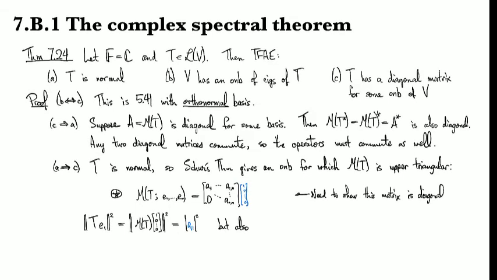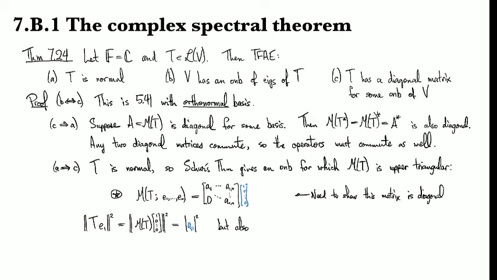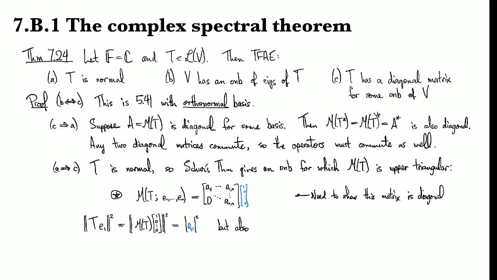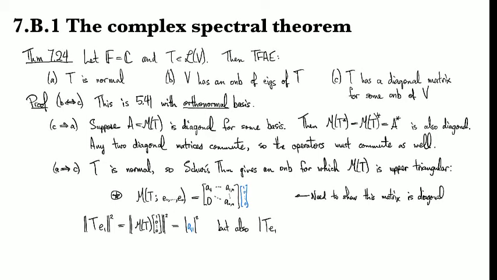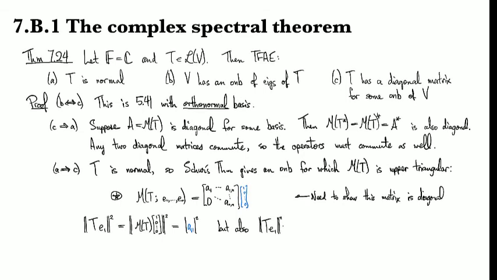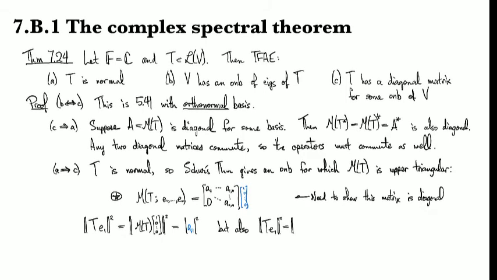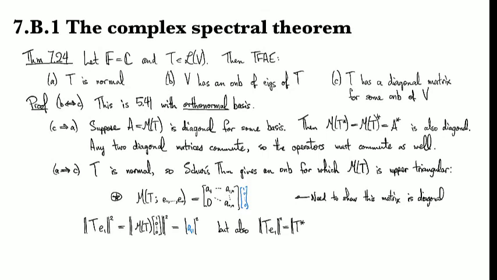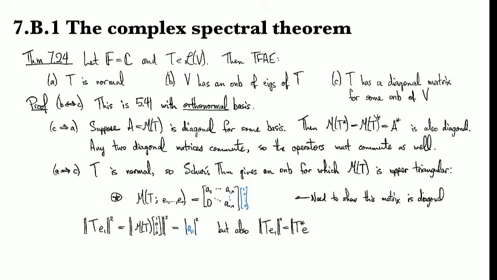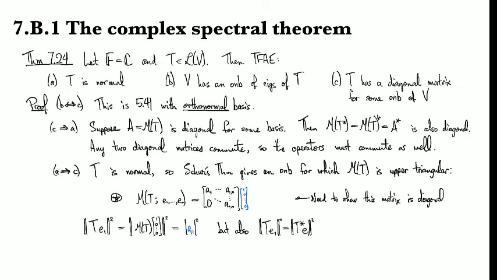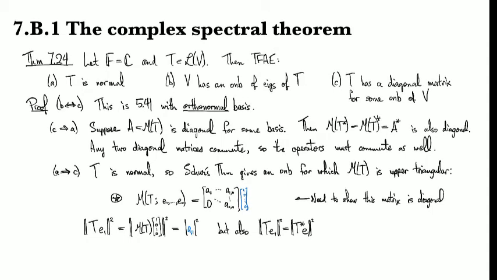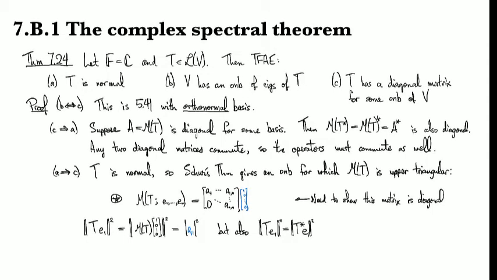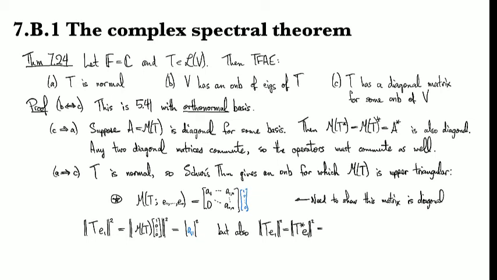But we can also do the calculation by using the fact that this is equal to the magnitude when we use the adjoint. So for this one, now we're going to be looking at the matrix of the adjoint in the product.